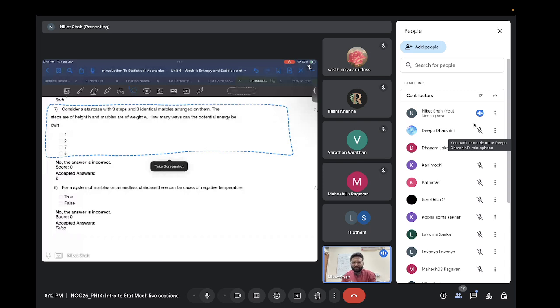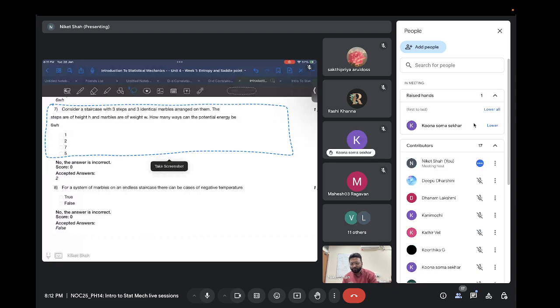By the way, is my screen changing? Is my screen visible? Someone will have to answer this. What screen are you guys seeing? My screen is not visible. Yes, someone's raising their hands.